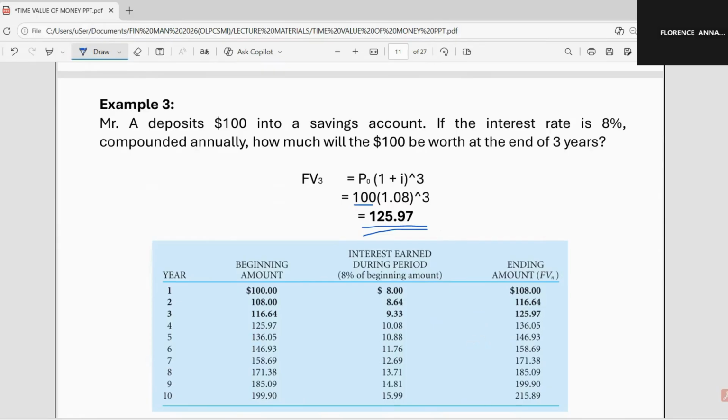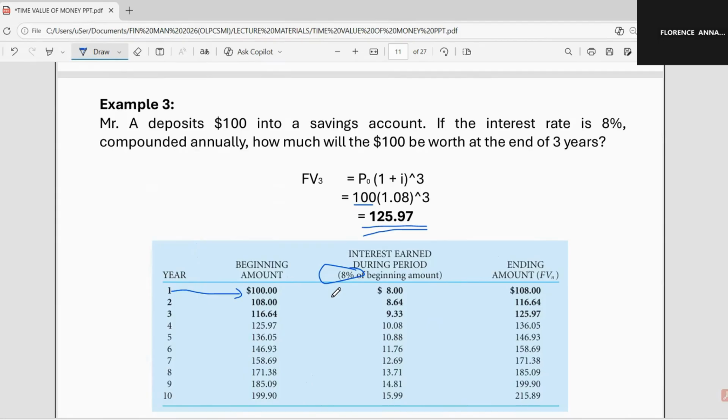We can also plot the same in a table. So, for here, your column 1 is your year, then followed by the beginning amount, your interest, and your ending or your future value. So, diba, at period 1, we have invested $100, earning 8% interest.